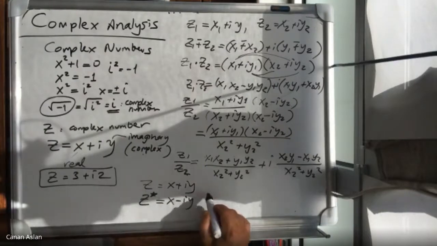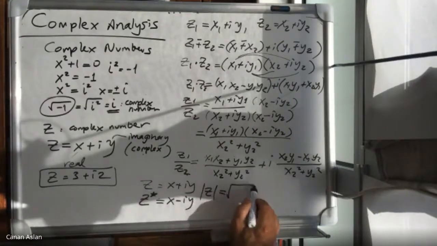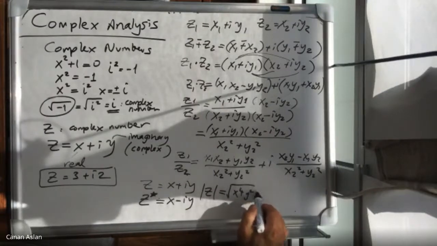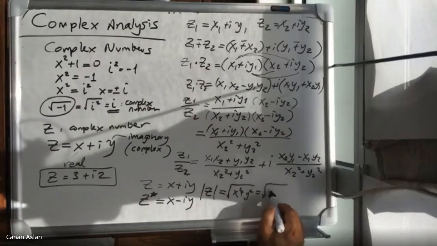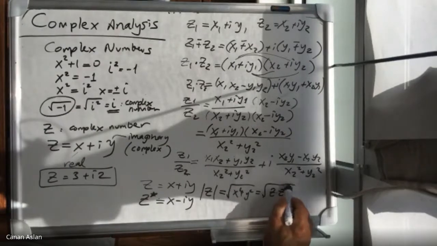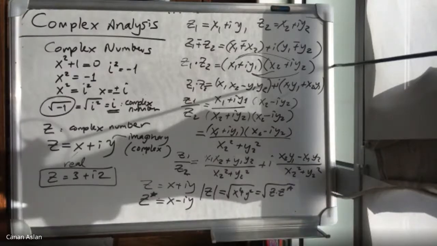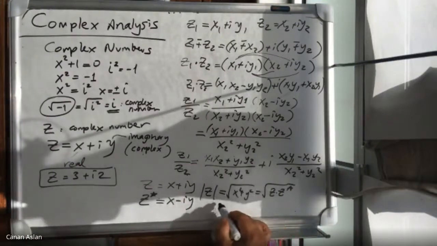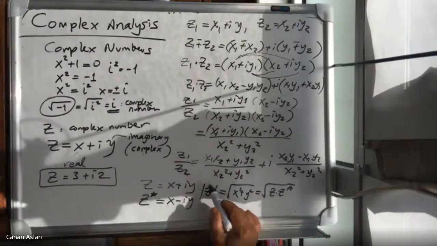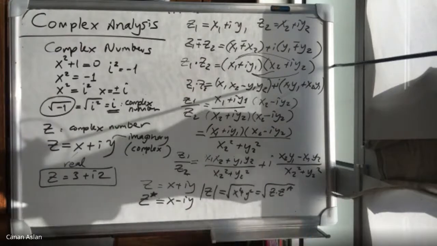That's why if you want to get the magnitude of z, it is given by the square root of x squared plus y squared, and that is the square root of z times z star. So you have to multiply the complex number by its complex conjugate and take the square root, and it will give you the magnitude of the complex number.